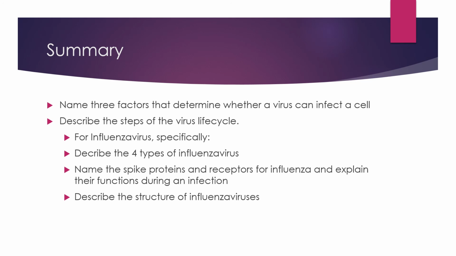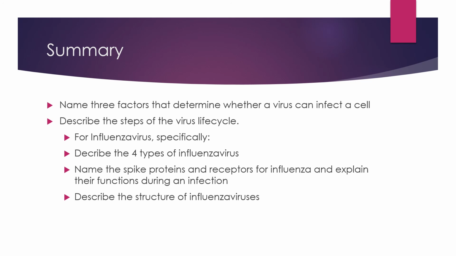We said that the receptor on the host cell is sialic acid, and depending upon where you are in the respiratory system, that sialic acid may be different, and it can bind different influenza viruses as a result. We also talked a little bit about neuraminidase, which is another spike protein. Remember, neuraminidase's job is to cleave off sialic acid after a cell gets infected.